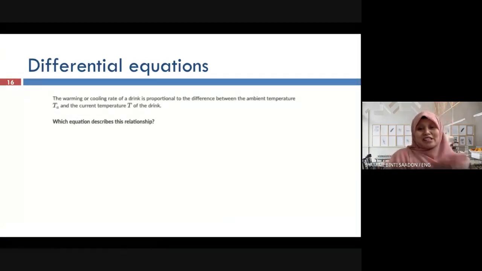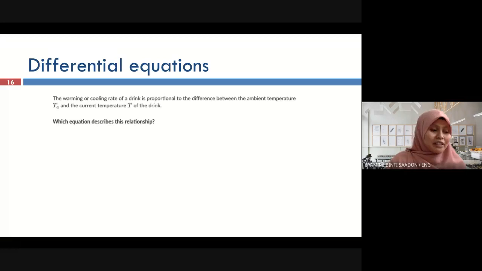Like just now, you have dy/dx and then you have y. Yeah, you have y prime and y. So this time also, because it's a rate, the rate of cooling or the rate of warming, when we have a rate it is in terms of time.